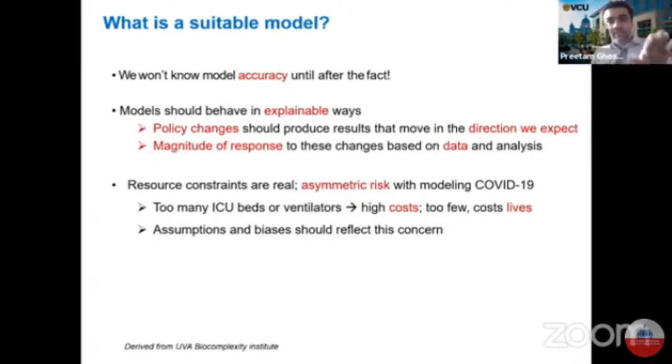But if the model is doing the other way around, predicting too few ICU beds and ventilators, then we are losing lives, right? The hospital capacity will be overloaded, and we may be losing lives. So the consequences of going wrong with these types of models are really dire. And that's the reason why the assumptions and biases should reflect this concern.